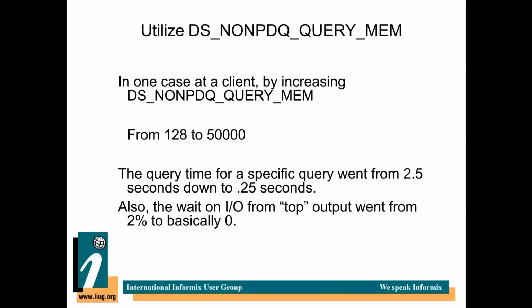Also, the wait on IO from top went from 2% to basically 0. Again, we're not talking about changing queries here. We're just giving it more memory to utilize, which can make a tremendous difference, about a 90% improvement in performance.